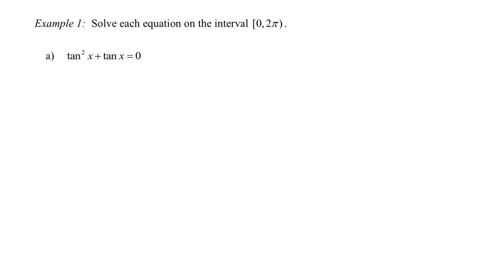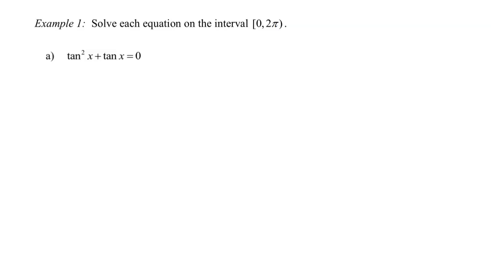Okay, so here in example 1, we want to solve the equation on the interval from 0 to 2 pi. We're going to have to use our factoring skills in a lot of these problems in order to solve it. What I notice here is that I have tangent squared x plus tangent x equal to 0, and both of these terms have a tangent x in them.